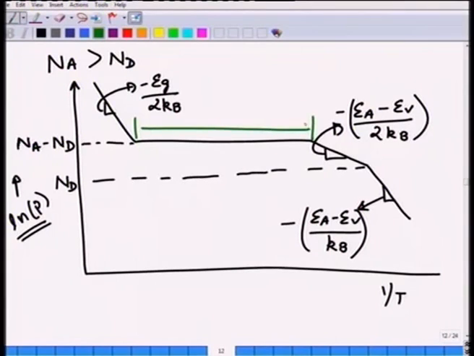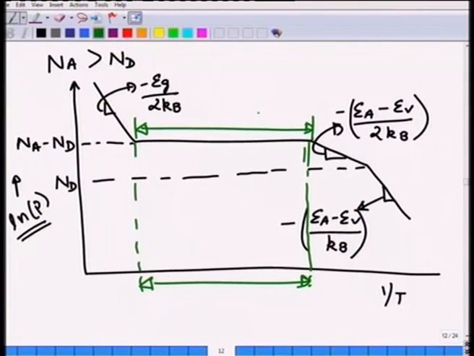Why this is taught is because, as I have mentioned earlier also, these are equilibrium carrier densities, and from now on our operation range will be confined between these two temperatures. We will choose only those semiconductors whose room temperature lies somewhere between these. The temperature of operation of that semiconductor must be in this range, because this is the range in which semiconductor devices will be made.